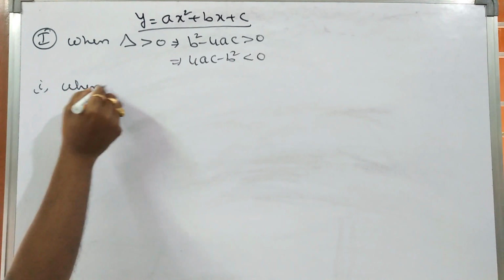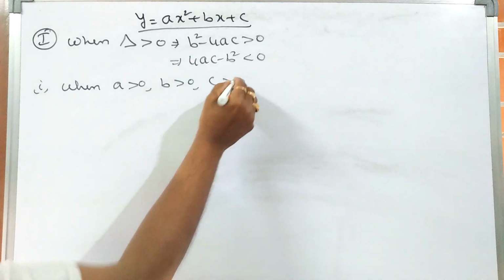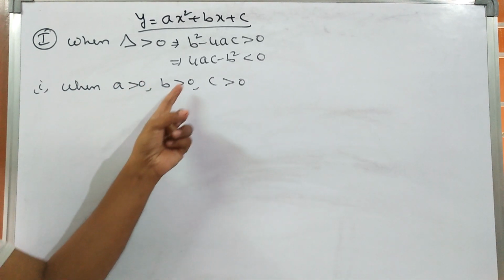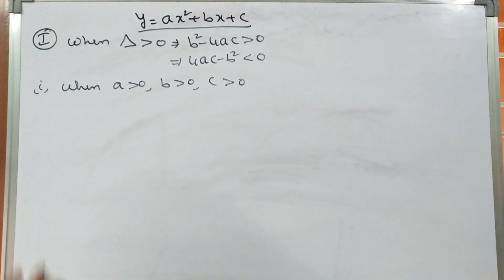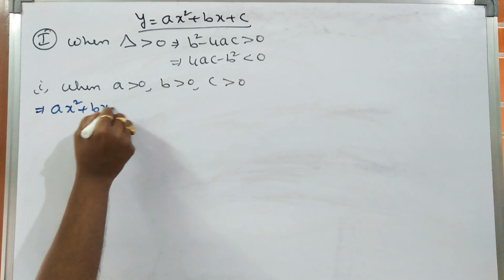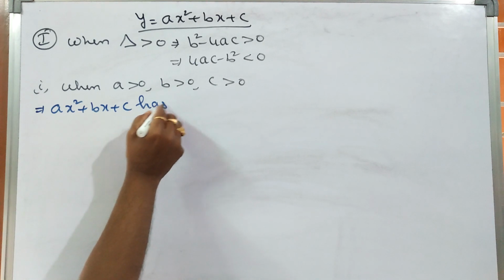When a greater than 0, b greater than 0, c greater than 0, what happens? Let us see. That means a is positive, b is positive, and c is also positive. So whenever a is positive, ax square plus bx plus c has a minimum value.